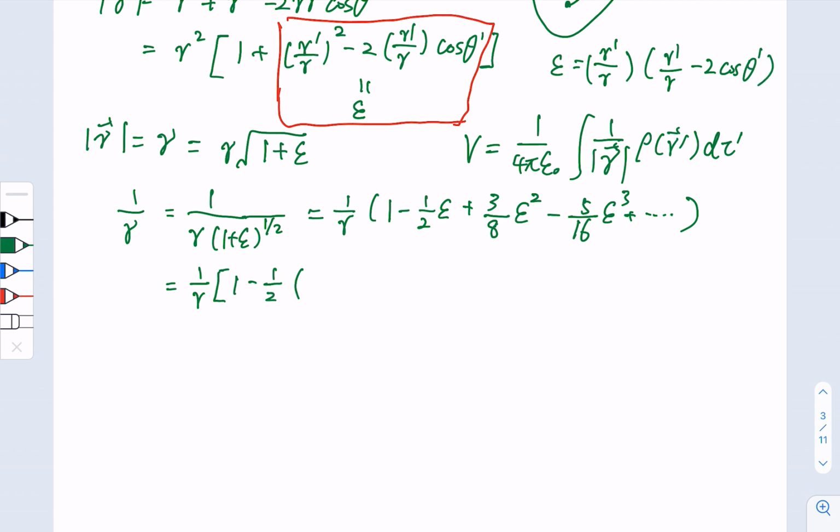Now if we do this, I'm trying to write out this epsilon here, and I also need this epsilon squared, which corresponds to the first term squared and the second term squared.